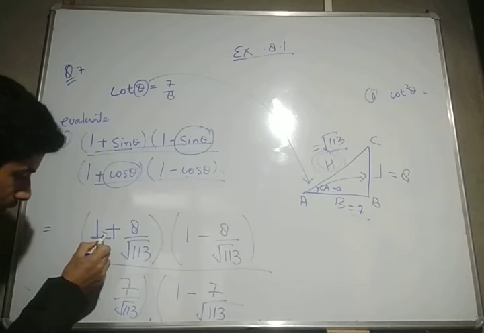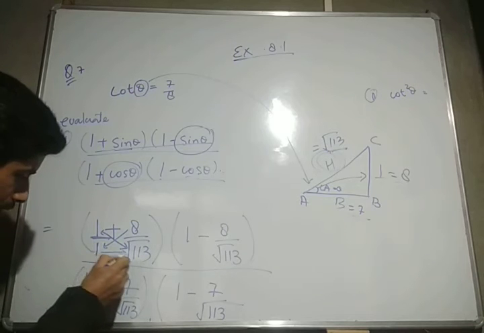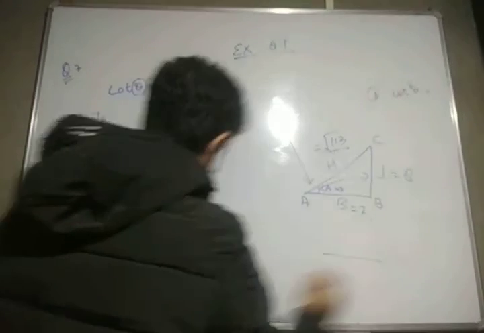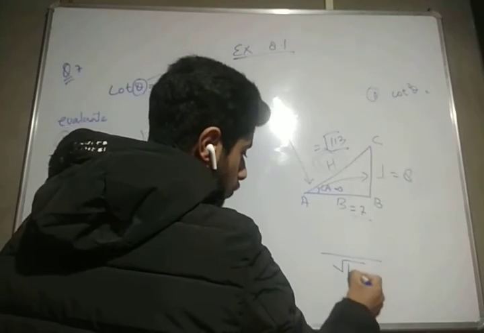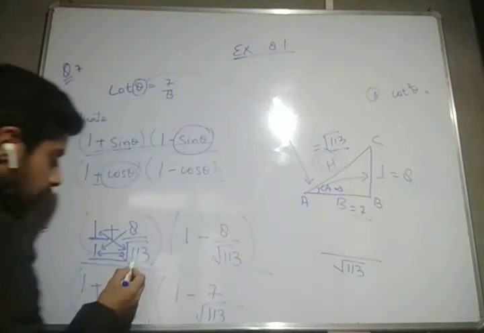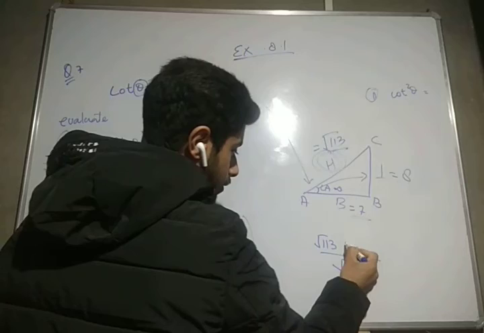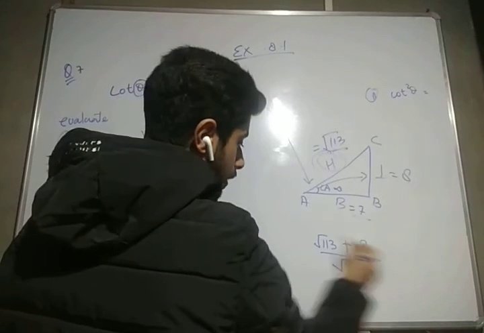I hope you know, basically we multiply this with this, and this with this. First multiply these two. Root 113 into 1 is root of 113, plus 8 multiplied by 1, it's 8.